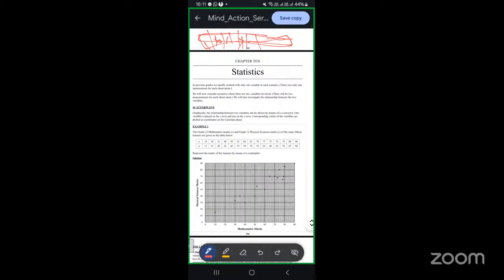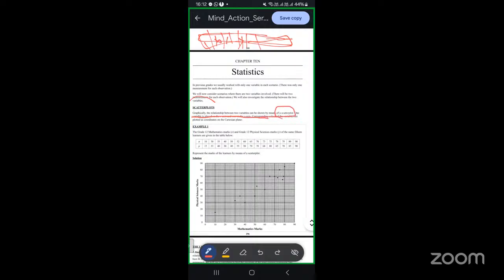I like it. So we proceed to this part, the scatter plots. They are saying to us that graphically, because mathematically, as long as we have data, you can express that data graphically. But in this part of ours here in statistics, the relationship between two variables can be shown by means of the scatter plot.